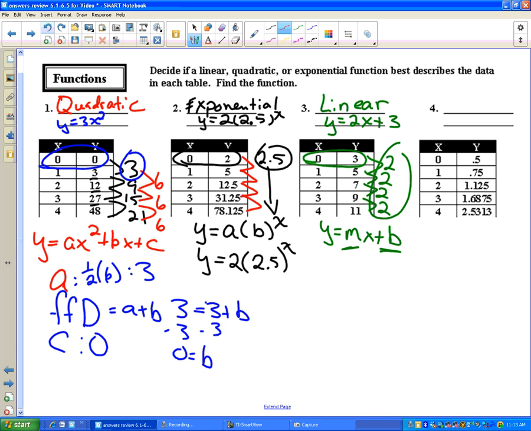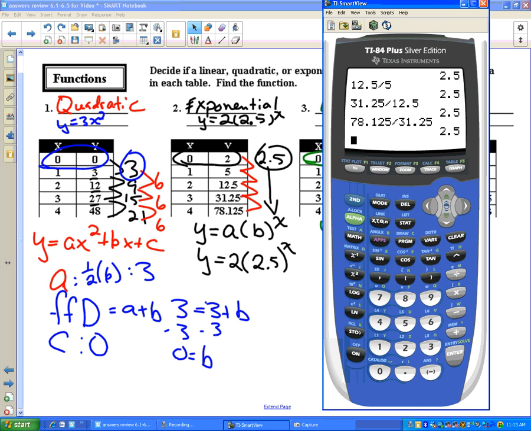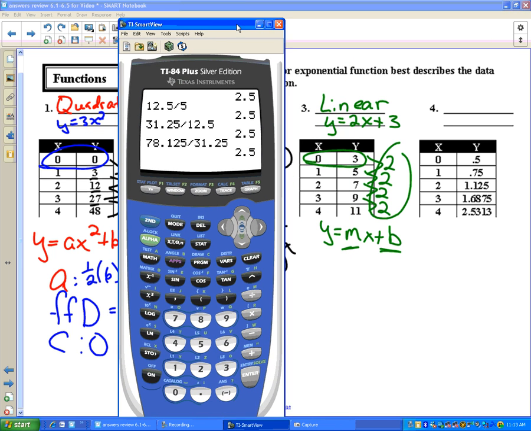And number 4. If I look at this, all the decimals tell me to try exponential first. It doesn't hurt to try it first. If I'm wrong, I'm wrong.